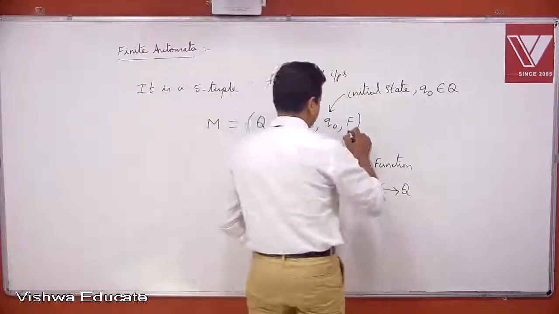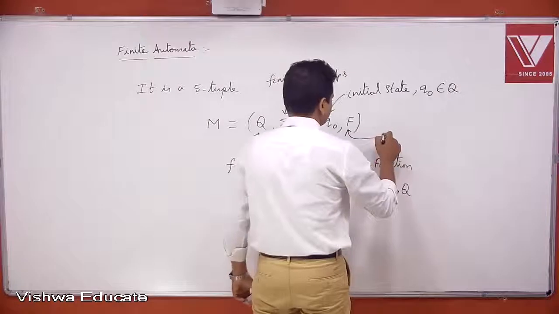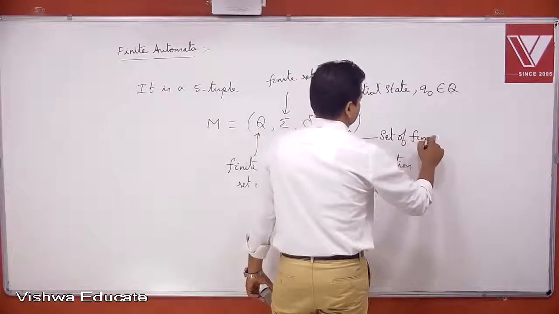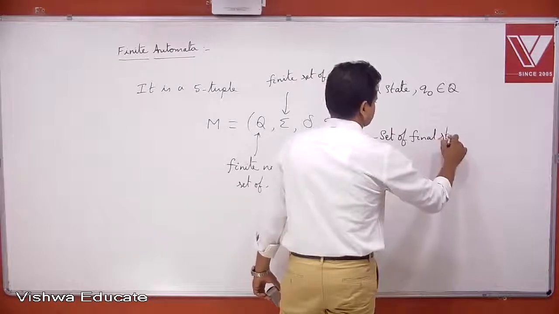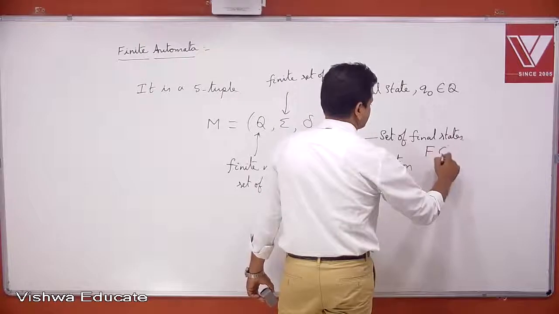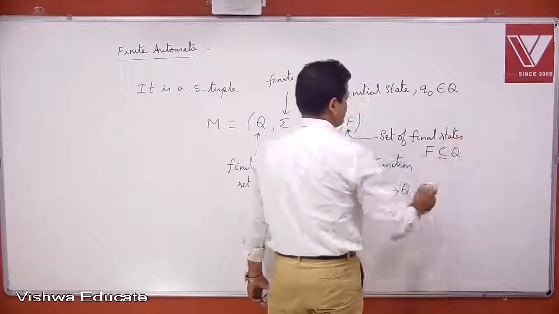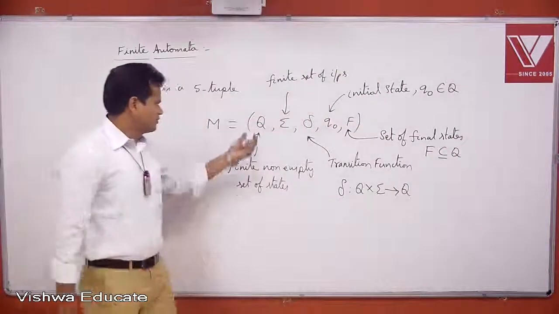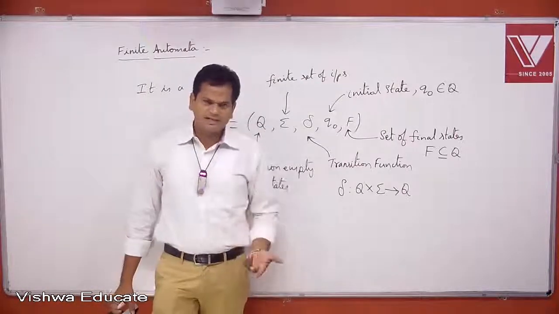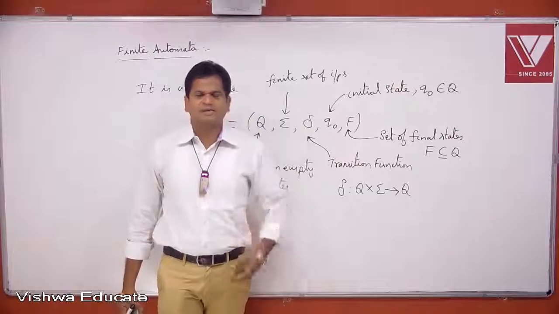And this one, set of final states. F is a subset of Q. That means out of these states, a final state may be there, may not be there.